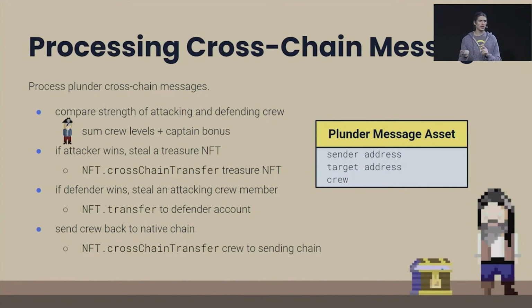If the defender wins, on the other hand, a member of the attacking crew is transferred to the defending player using just the NFT transfer to the defender account. This is an internal transfer because they're both already on the receiving chain. And then, no matter what happens, we send back the crew to the native chain. Just, again, an NFT cross-chain transfer of the crew back to the sending chain.